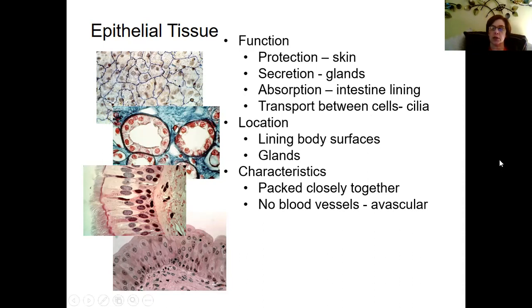And vasculo is vessels. So avascular translates to no blood vessels. Well, how in the world does that work? It turns out that in order to be avascular, you also have to have the third characteristic, which is thin.